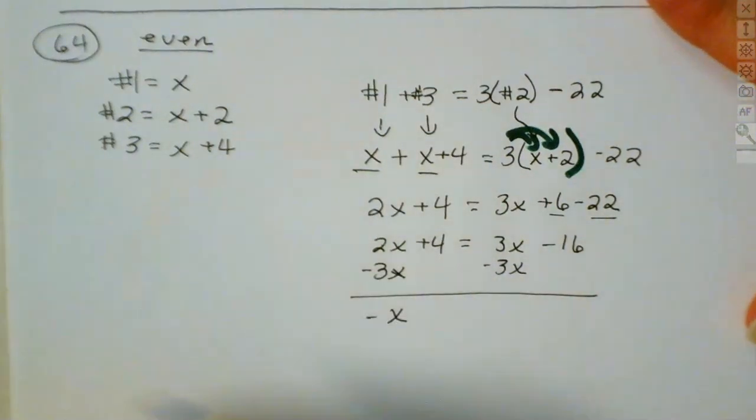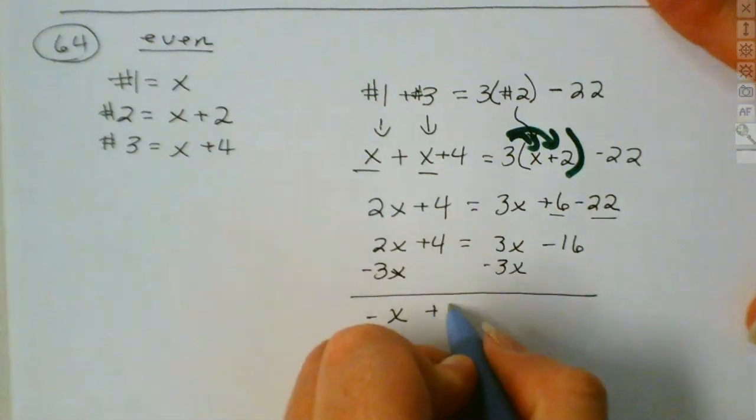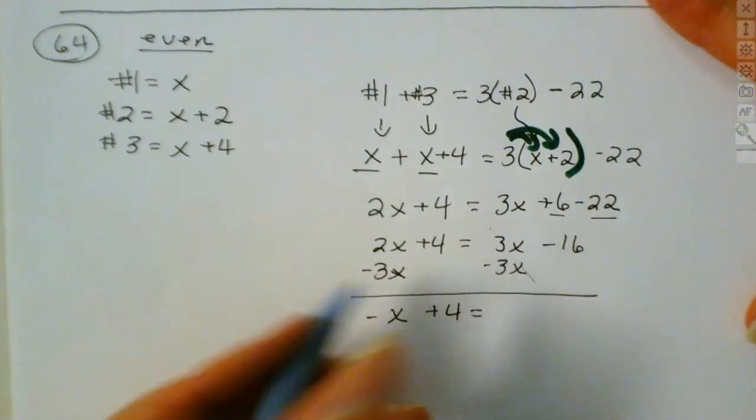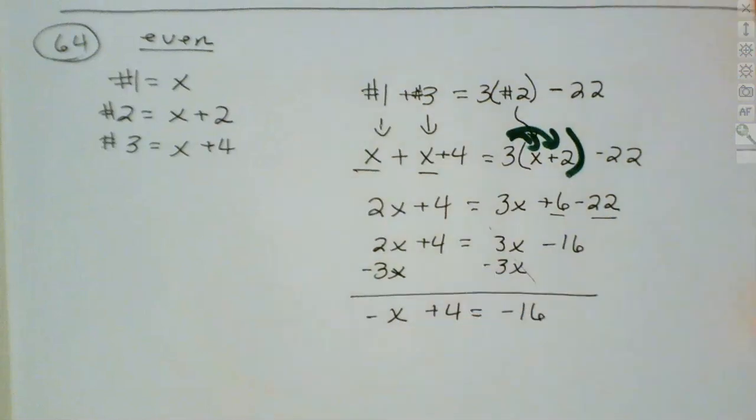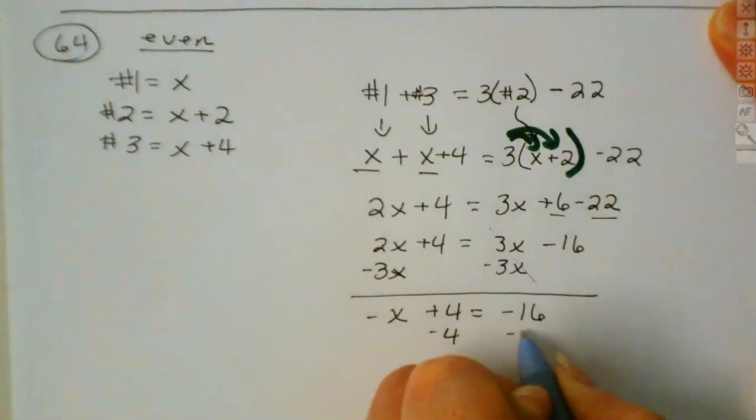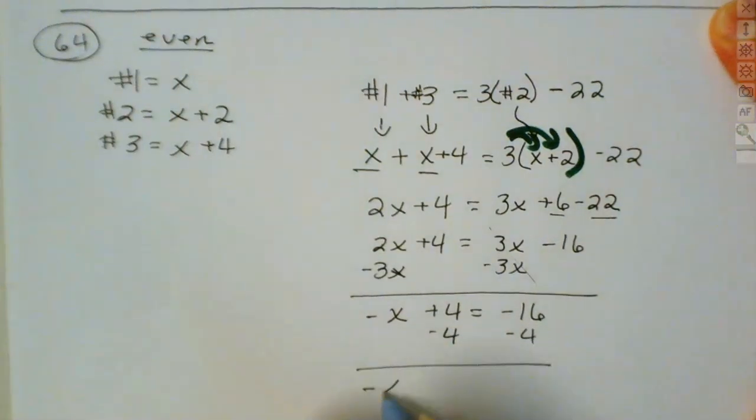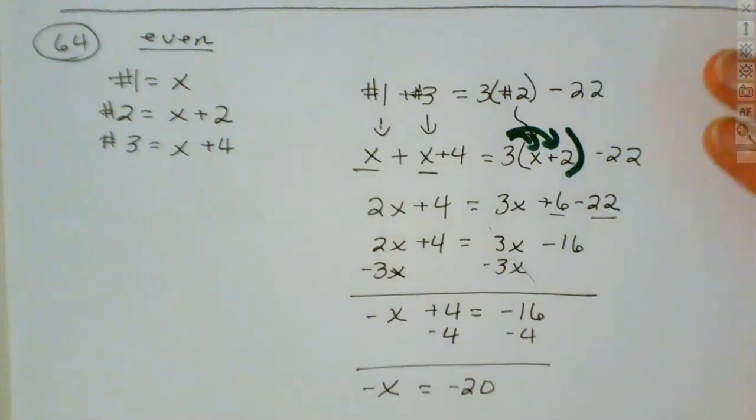That leaves you with a minus x plus 4. Those cancel. And that equals now a negative 16, right? Watch your signs there. Be very, very careful with things. Now, what do we do? Yep, subtract our 4 over. And we get a negative x equals now a negative 20.